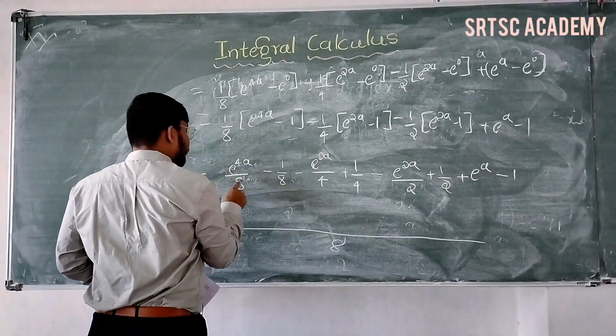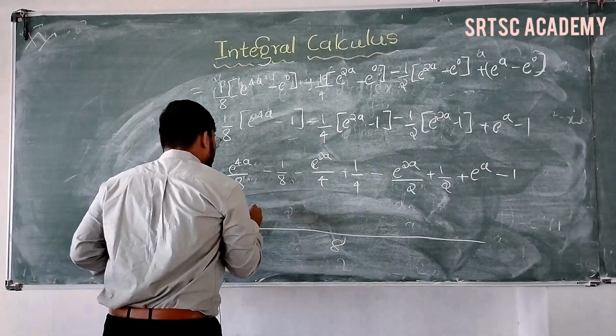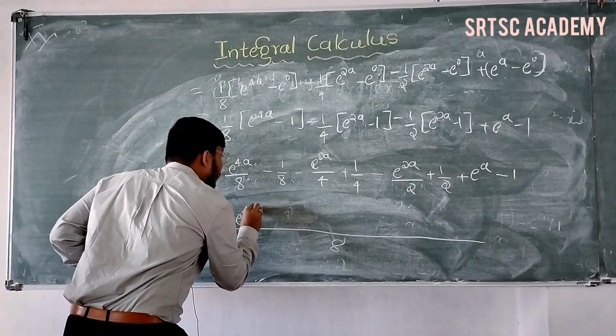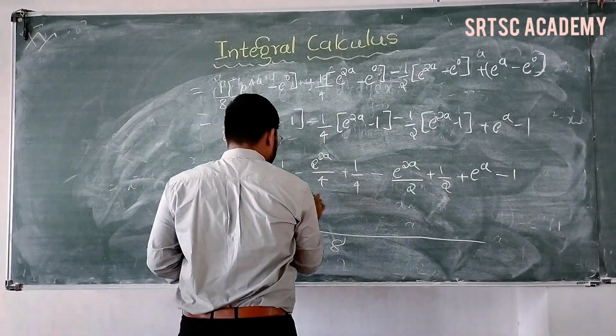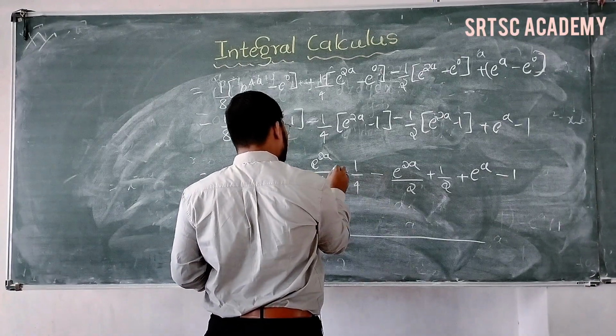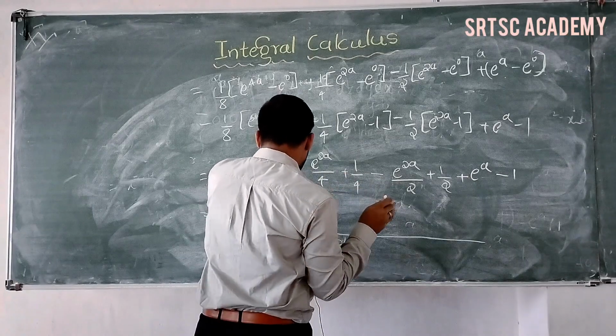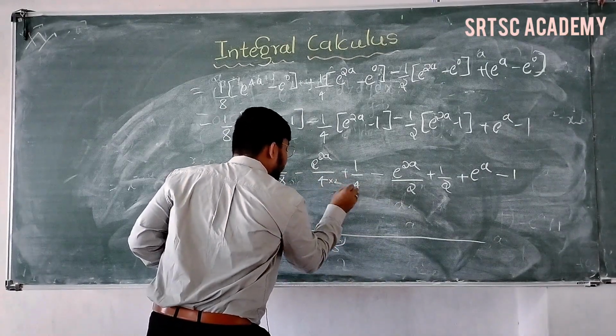e^(4a), we have denominator 8, right? No need to multiply: e^(4a) minus 1. Here also we have 8. Minus e^(2a): the denominator is 4, so we multiply both numerator and denominator by 2, then it becomes 8, 4 into 2, 8, right?